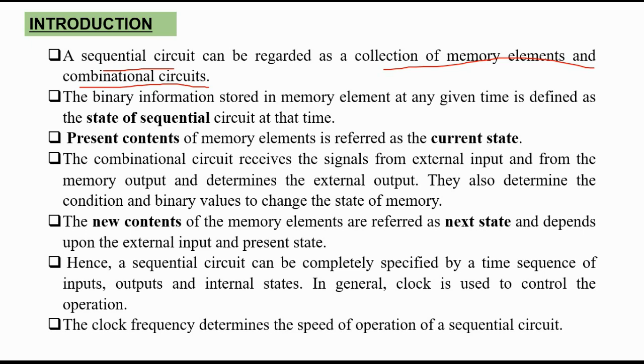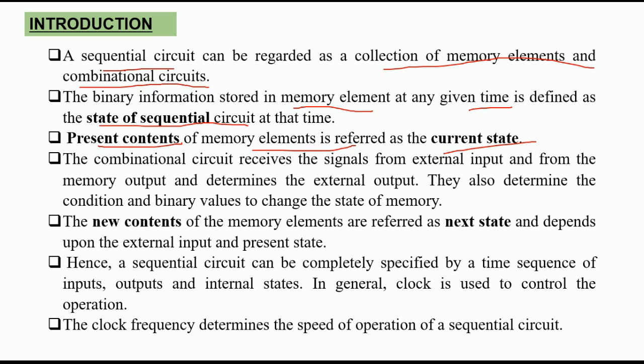The second point is this: the binary information stored in the memory elements at any given time is defined as the state of the sequential circuit. Third point, the present content of the memory elements is referred to as the current state.